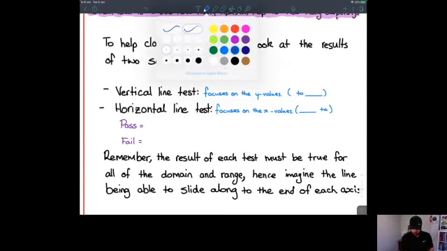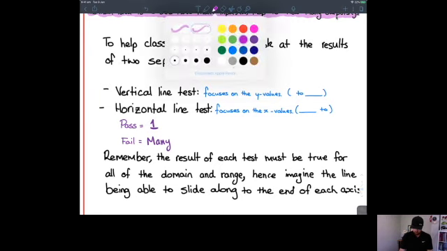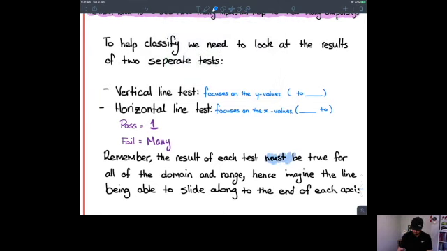Now, when it comes to these two tests, if you pass the test, it's to one. If the test fails, you'll say it's to many. Now remember, with a vertical line test or a horizontal line test, the test must be true for all of the domain and range.